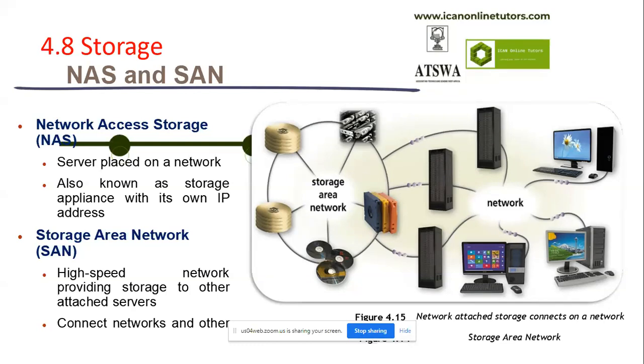Yeah. So look at this network access. Let's assume you are in your workplace, and in your workplace you have 5 offices, and in each of those offices you have 3 systems, making 15 systems.